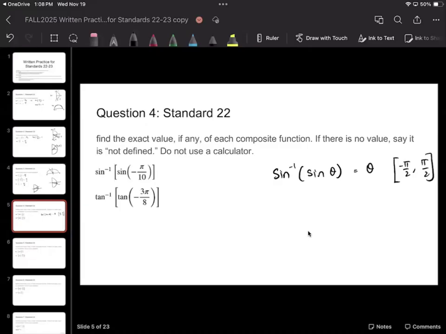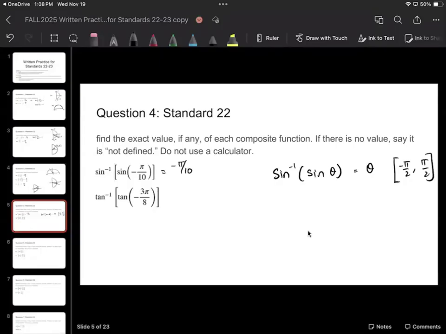Now you have to make sure that negative pi over 10 is in this interval. It is, right, because negative 1/10 is 0.1 and negative 1/2 is 0.5. So 0.1 is within that 0.5 interval. Therefore, this value is just negative pi over 10.